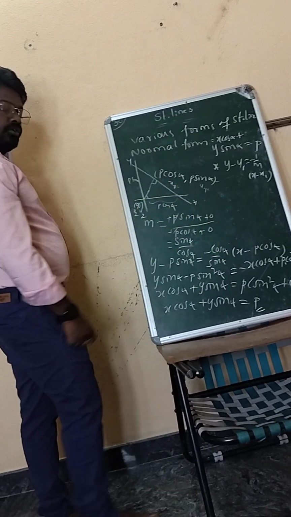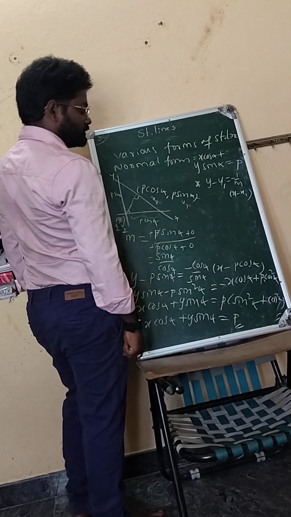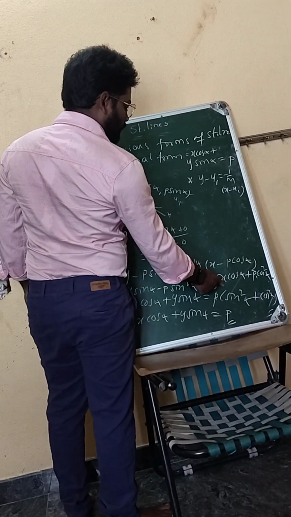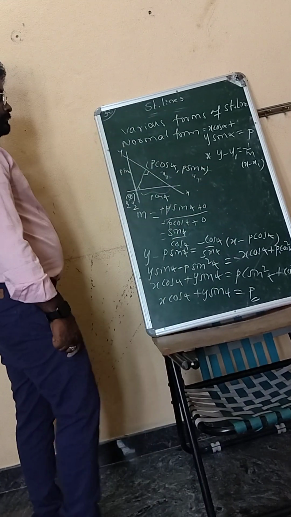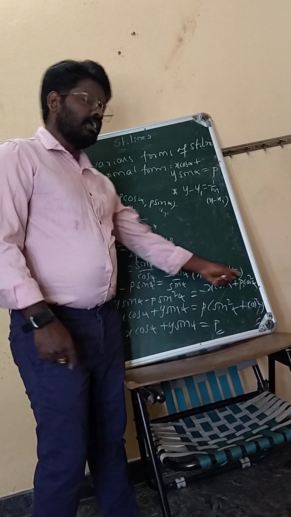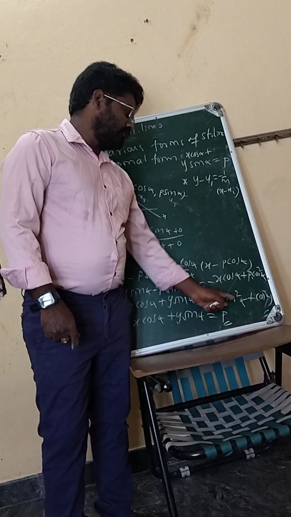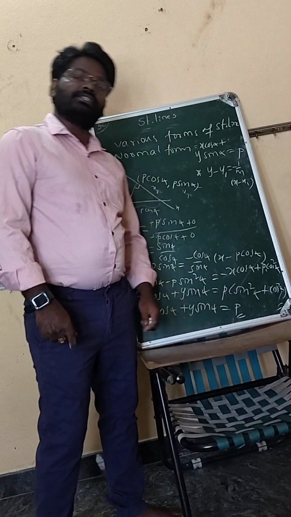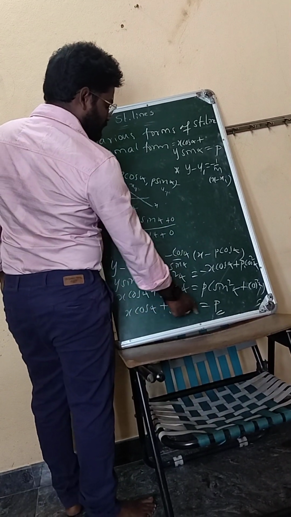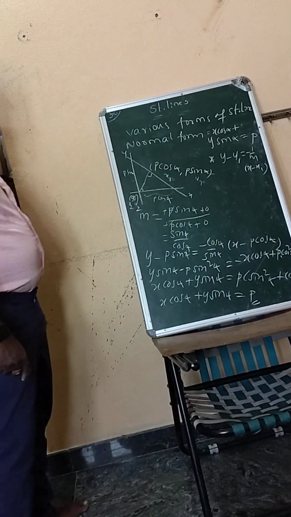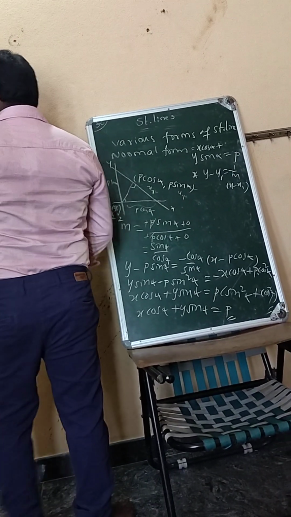Sin alpha shifted to the left hand side, y sin alpha minus p sin square alpha, x cos alpha, minus into minus plus p cos square alpha. Minus p sin square alpha shifted to the right hand side, p plus p sin square alpha, p is common, sin square alpha plus cos square alpha, so x cos alpha plus y sin alpha equals p.